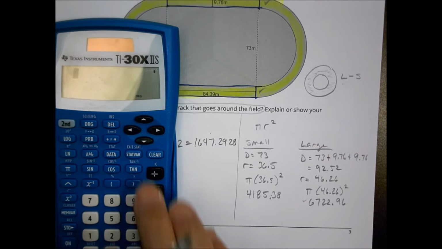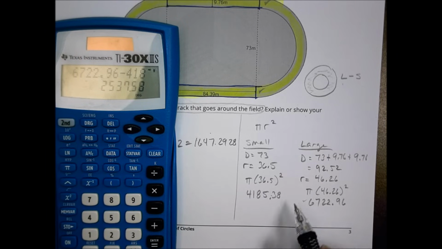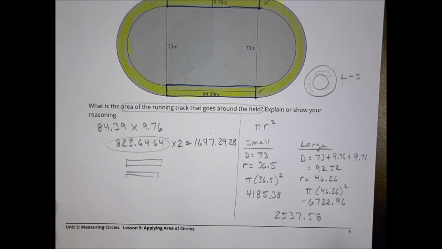So let's do our large number, 6,722.96, and we'll subtract 4,185.38. And what we have on the outside of the track is going to be 2,537.58. So the question, though, is asking about all the yellow.